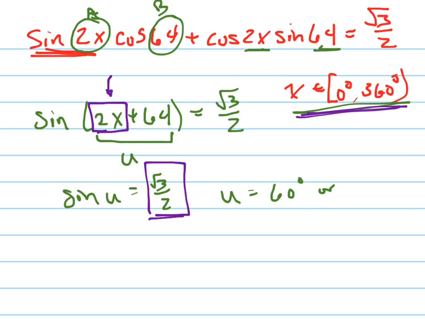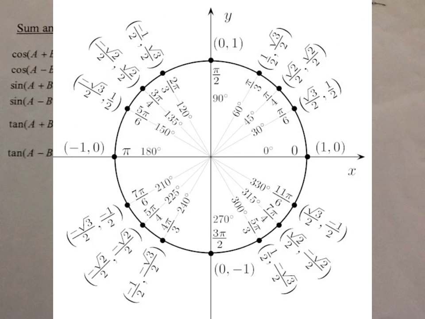Hopefully that makes sense. So let's look at our unit circle. It's sine, so it's 60 degrees, and it's also 120 degrees, but now let's go around the unit circle again. To 60 add another 360, and to 120 add another 360.